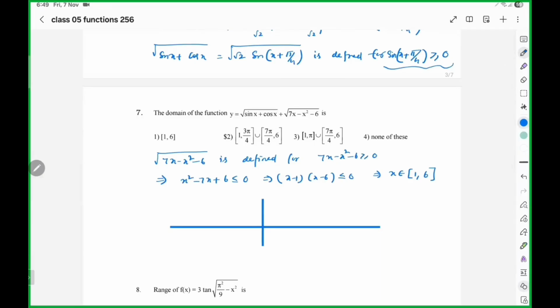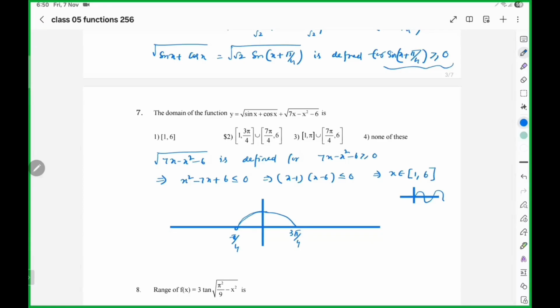Here sin x graph basically looks like this. X plus pi by 4 means it shifts. At minus pi by 4 it will be 0. Again at 3 pi by 4, it will be 3 pi by 4 plus pi by 4, that is pi, zero.